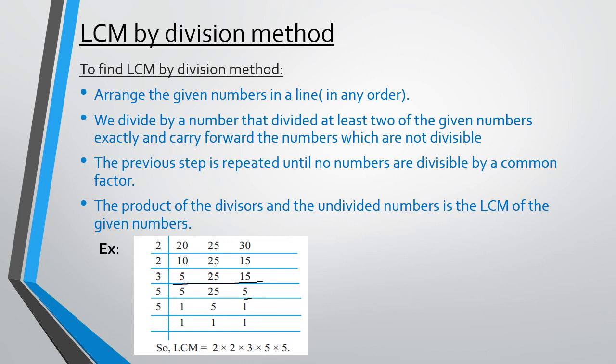So it is divided by 5 and in this step we have a 5. Again we are taking 5 as a factor and we have finished factorizing all the numbers. Now what do we have to do to find the LCM? We have to multiply all these divisors together to get our LCM.